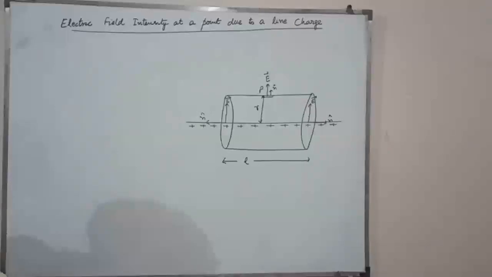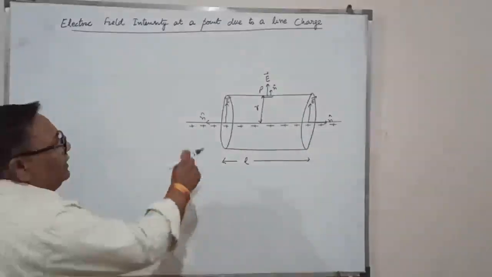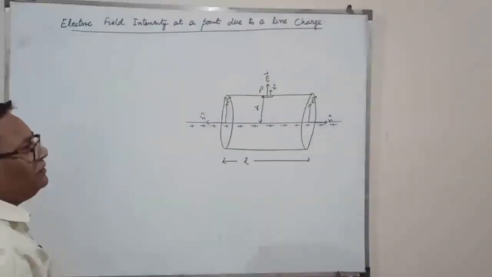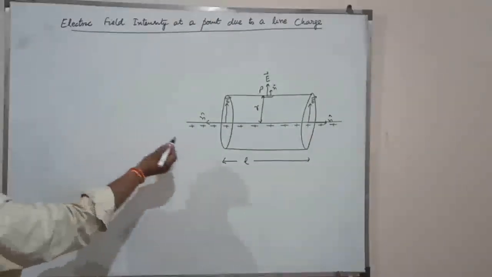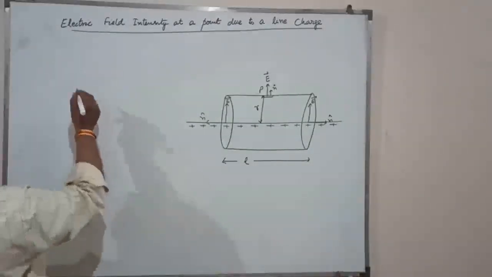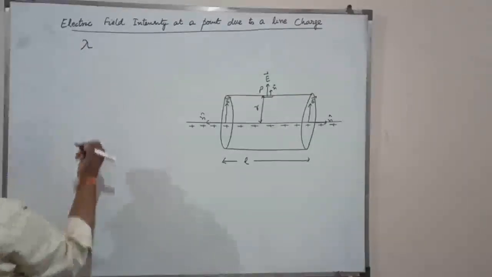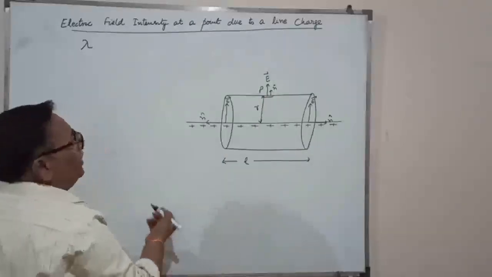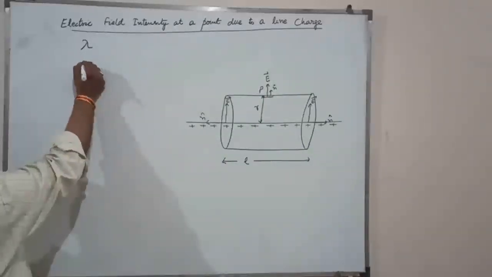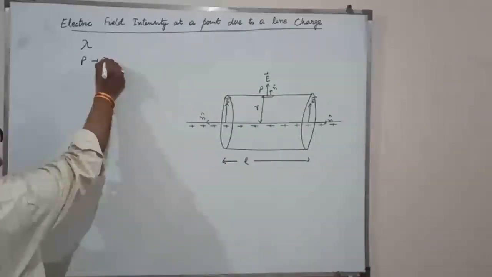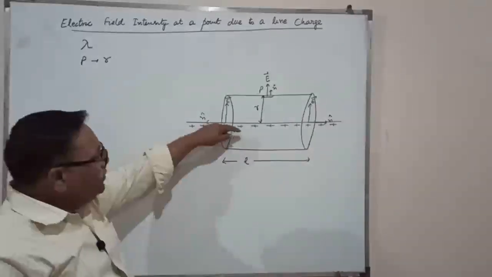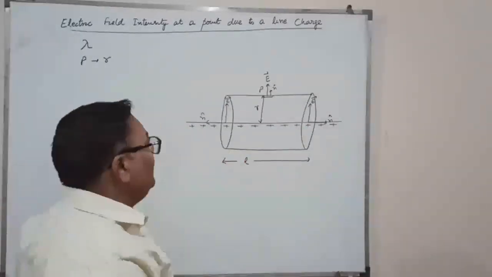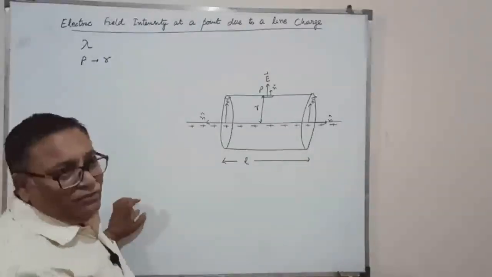Then let us consider an infinitely long line charge having linear charge density lambda. Clear? P is the point at a perpendicular distance r from the line at which electric field intensity is to be calculated.